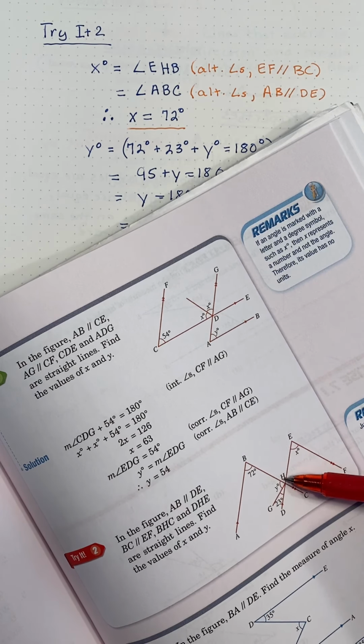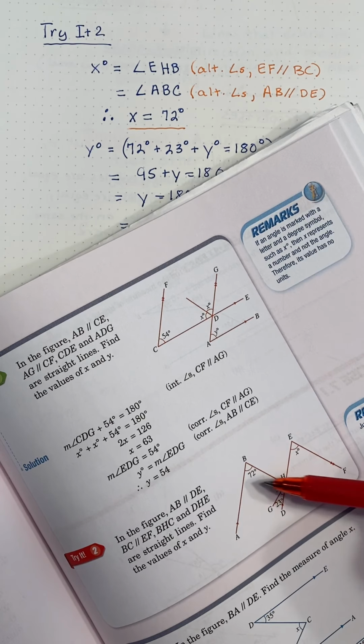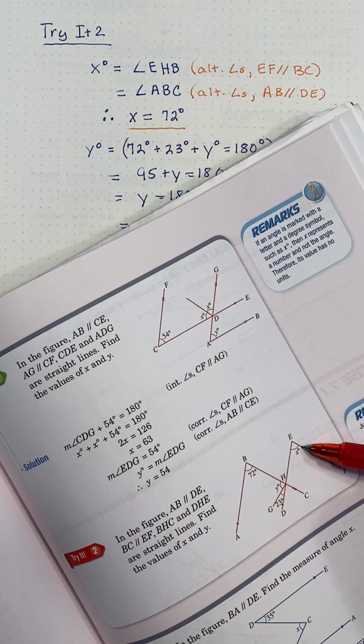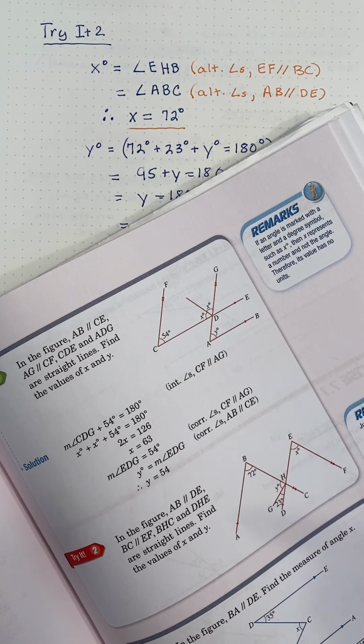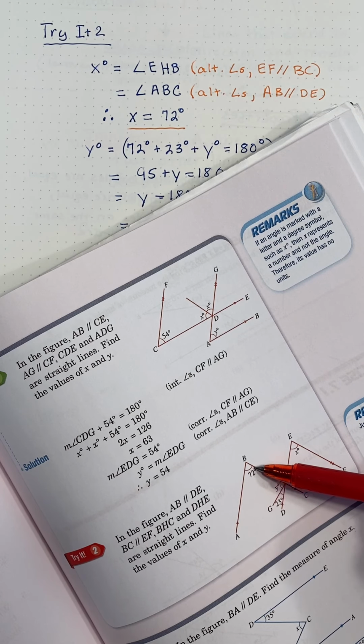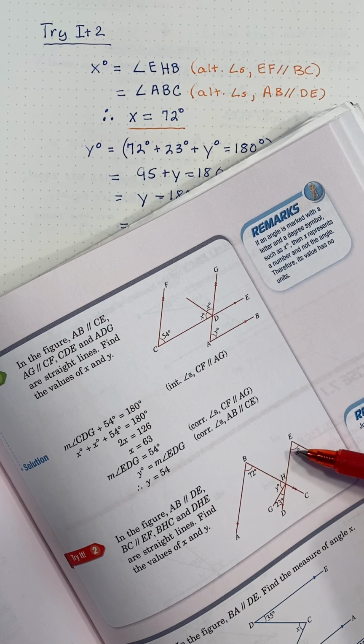So x to H, these three are all equal. Therefore, angle x is going to be 72 degrees. So if you see this to this to this, since this little angle is 72 degrees and is equal to angle here at H, then angle E, which is equal to H, is also, they're all going to be 72 degrees.